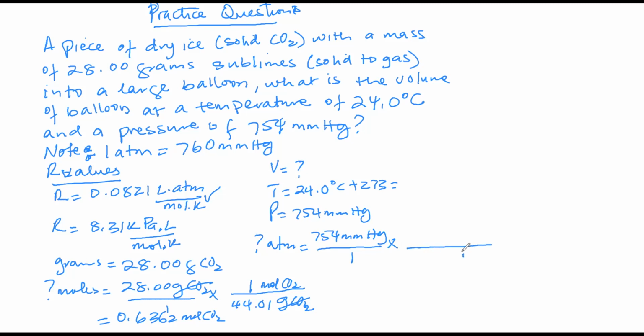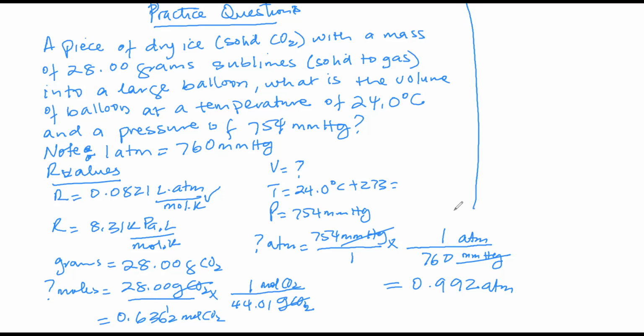We follow the same rule: millimeter mercury, atmosphere on top, 1 atmosphere, 760 millimeter mercury. Millimeter mercury cancel out. So the pressure will be 0.992 atmosphere.